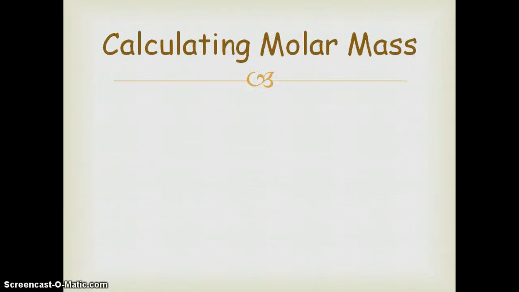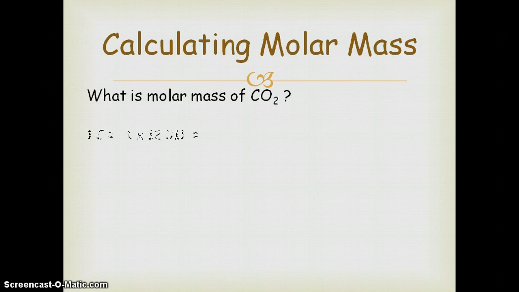So how do you find the molar mass if you're dealing with something that you can't find on the periodic table? For example, water. You're not going to find H2O on the periodic table. But what you can find is H and O. So we're going to calculate the molar mass of CO2, carbon dioxide, which has 1 carbon atom and 2 oxygen atoms. The first thing you need to do is find the molar mass of your individual atoms.